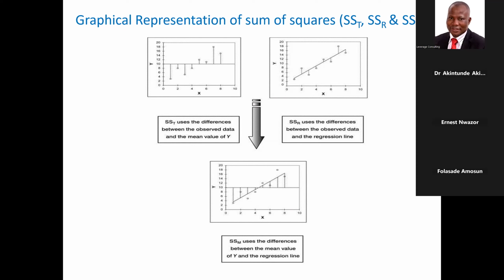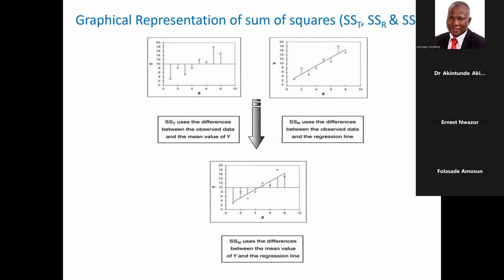So you remember when we were doing our sum of squares, when you are calculating variance, you say x minus x bar. X bar is the mean. X minus x bar is the difference between x and x bar. We know that if you add them together, it gives you 0, because some will be negative, some will be positive, just like some will be above the line, some will be below the line. That's why they square it. When they square, they now sum it together. That's what we call sum of squares.